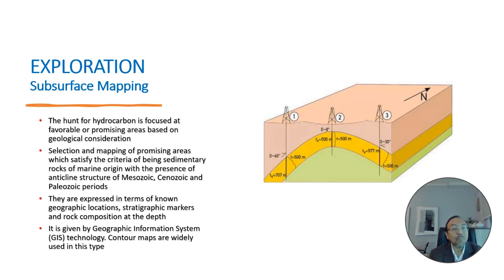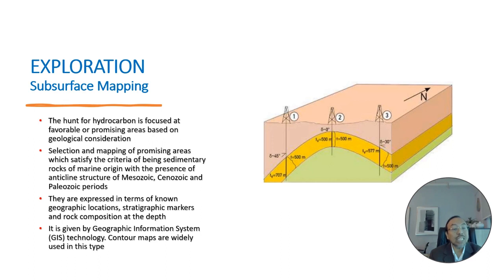Selection and mapping of promising areas which satisfy the criteria of being sedimentary rocks of marine origin with the presence of anticline structure of Mesozoic, Cenozoic, and Paleozoic periods. They are expressed in terms of known geographic locations, stratigraphic markers, and rock composition at the depth. It is given by Geographic Information System (GIS) technology.